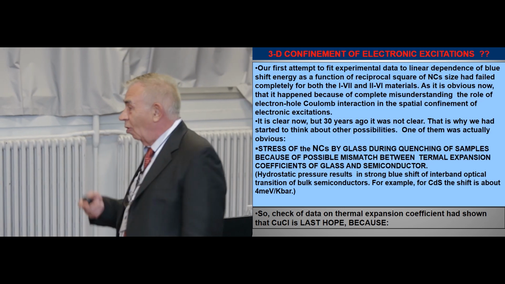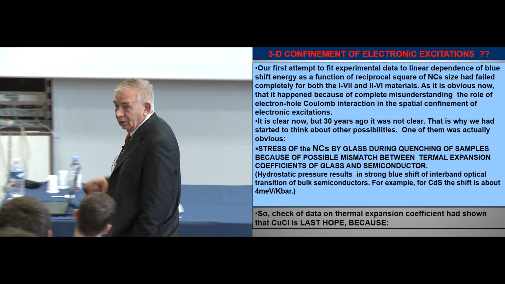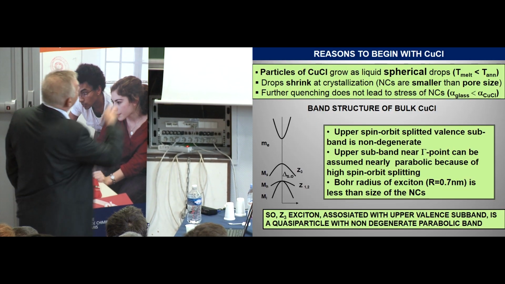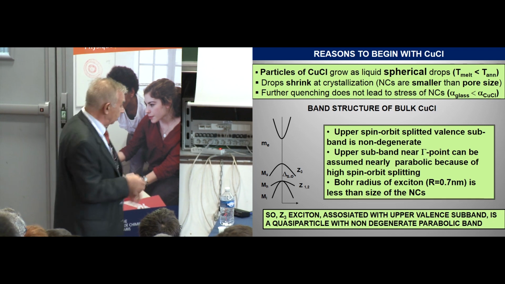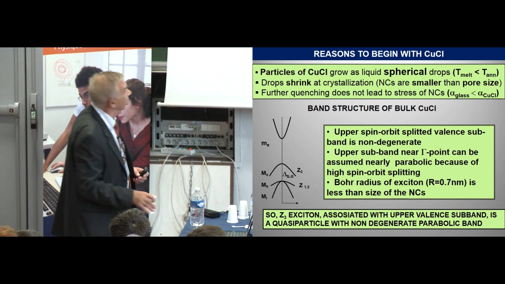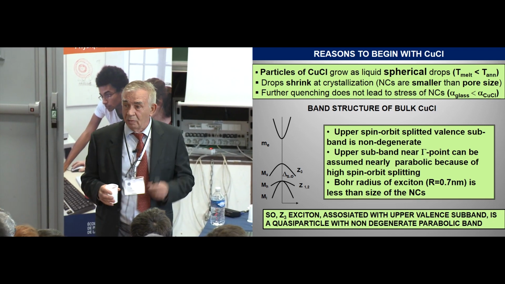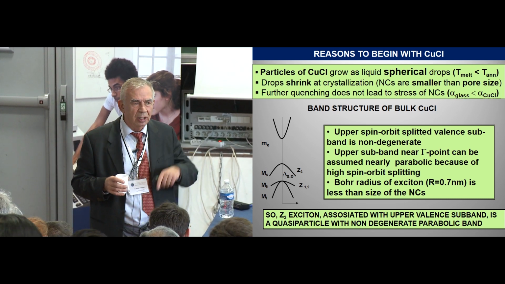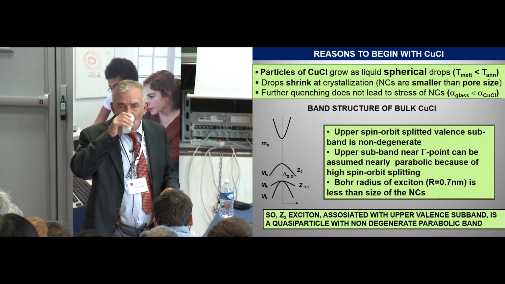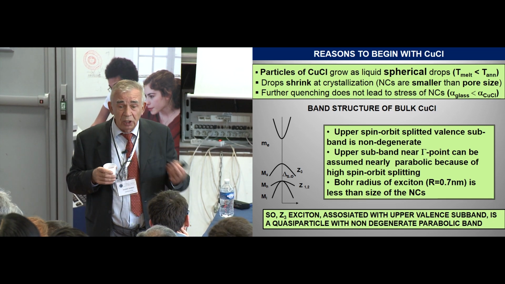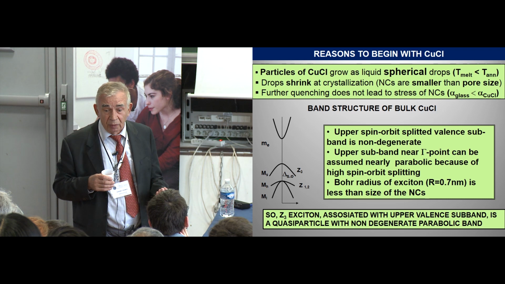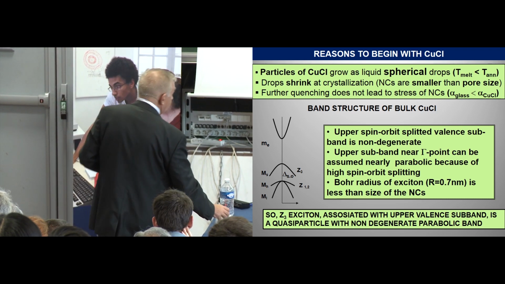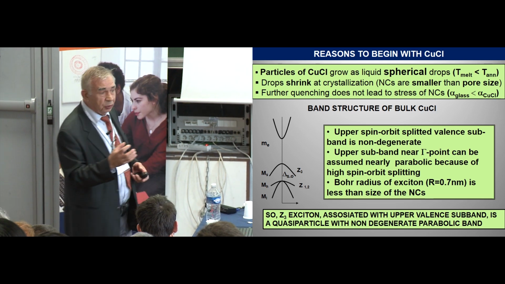copper chloride is the only lucky choice for us, because the particles of copper chloride grow as liquid spherical drops, because the melting point of copper chloride, even bulk, is about 405 Celsius. And this is below the annealing temperature. So the particles grow as spherical drops.